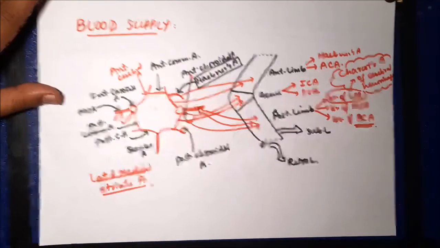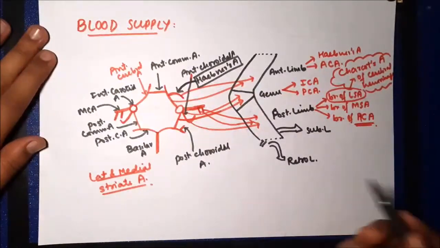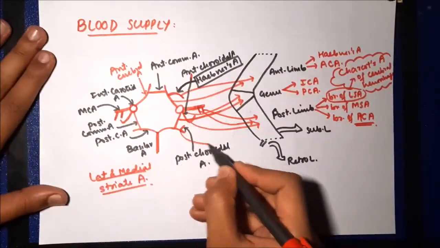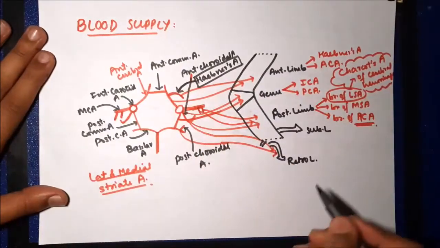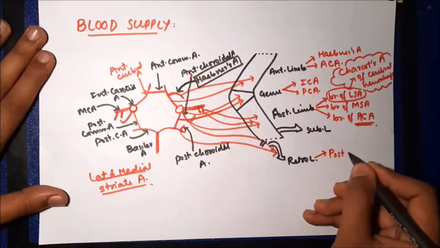Now the retrolentiform part of internal capsule is supplied by a direct branch of the posterior cerebral artery and a branch from the anterior choroidal artery.